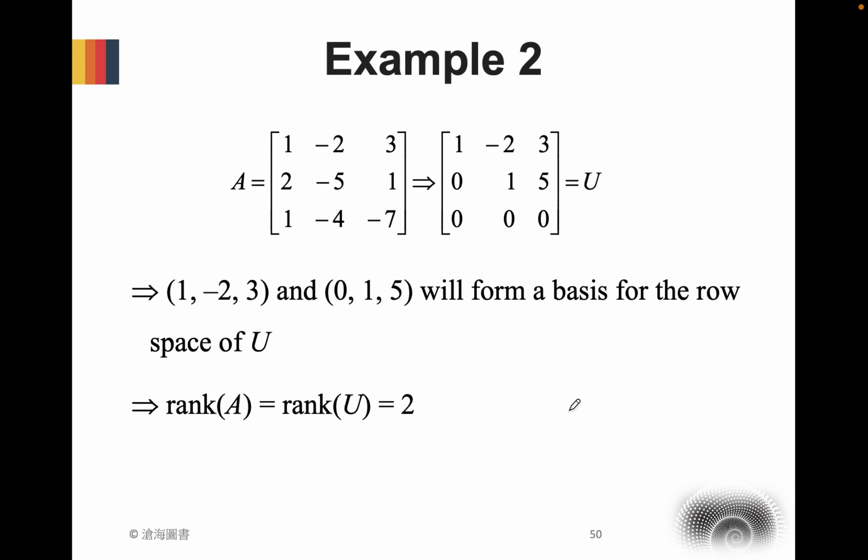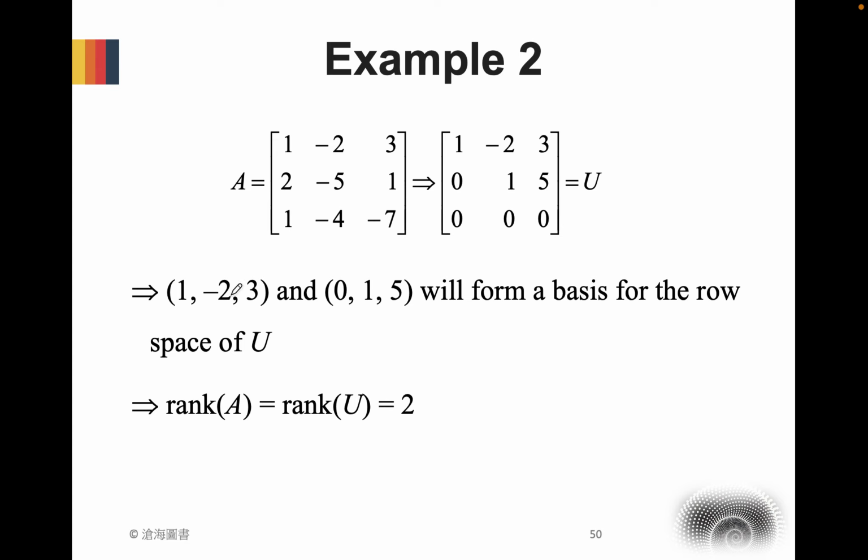Okay, so let's see another example. So originally, the matrix A is looking like this. And we can do a sequence of row operations to reduce A into U. And now we see that the third row becomes all 0.